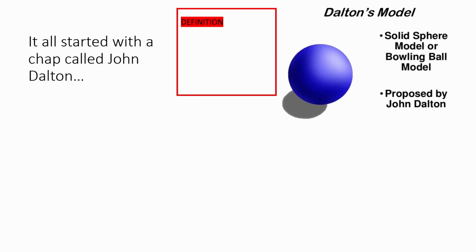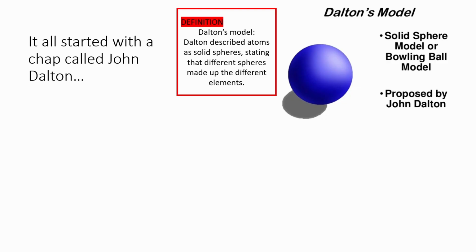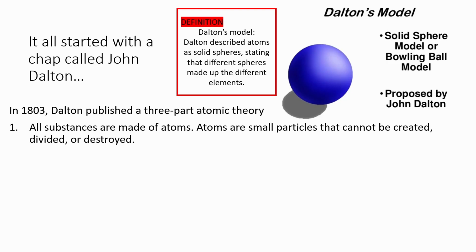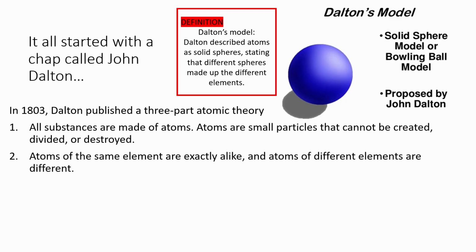So Dalton's model is that an atom was just a solid sphere, like a bowling ball. So this was back in 1803, and he published a 3-part atomic theory, where all substances were made up of atoms. Atoms are small particles that cannot be created, divided, or destroyed.